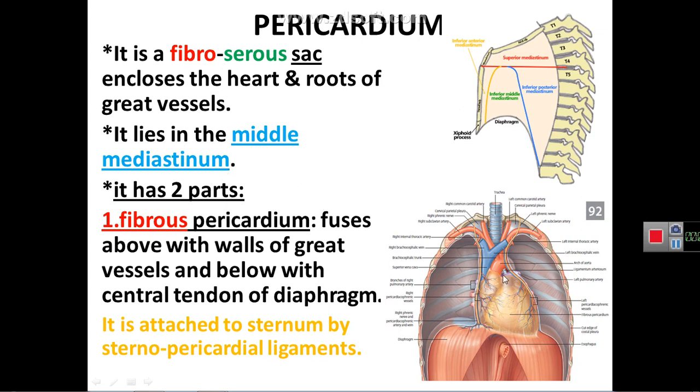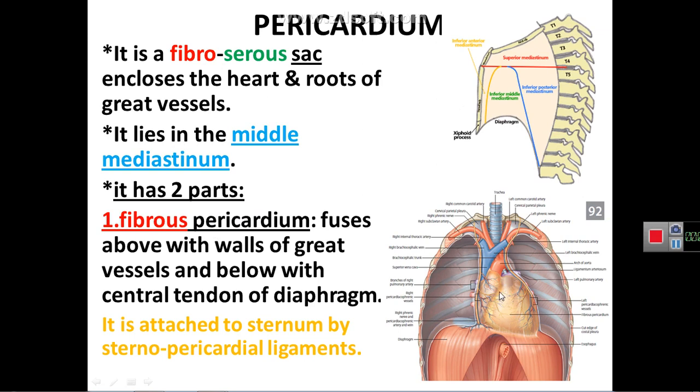And because of the structure of the pericardium, which is formed of an outer fibrous tissue lined from inside by a serous membrane, we have to say that the pericardium is formed of two parts, outer fibrous and inner serous.